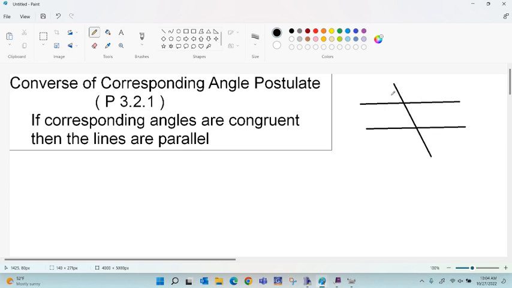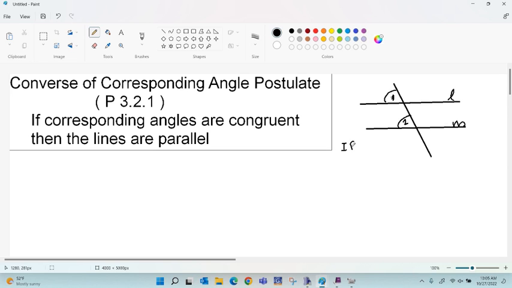Okay, so here's an angle, angle 1, and here's angle 2. They're corresponding angles. So it would say if angle 1 is congruent to angle 2, I'm designating that with the swoop, then the lines would be parallel.